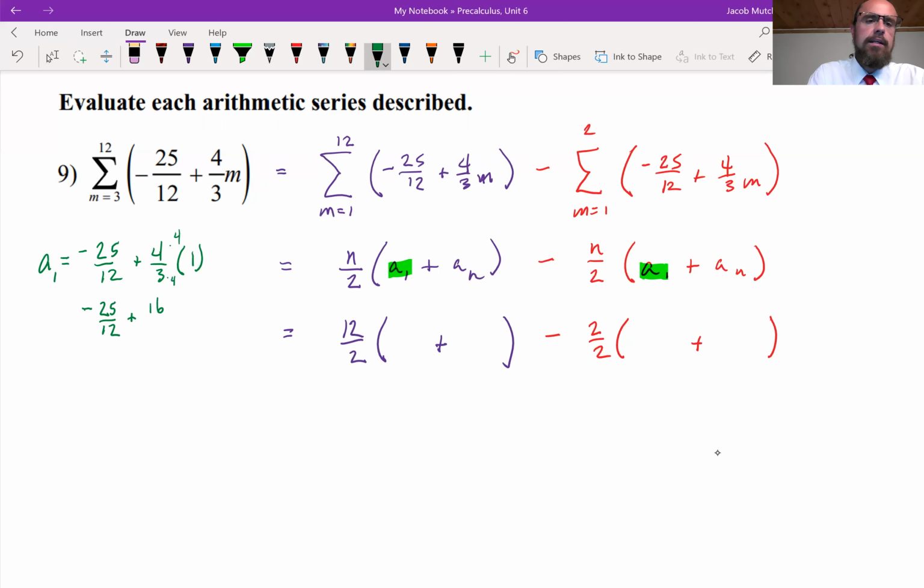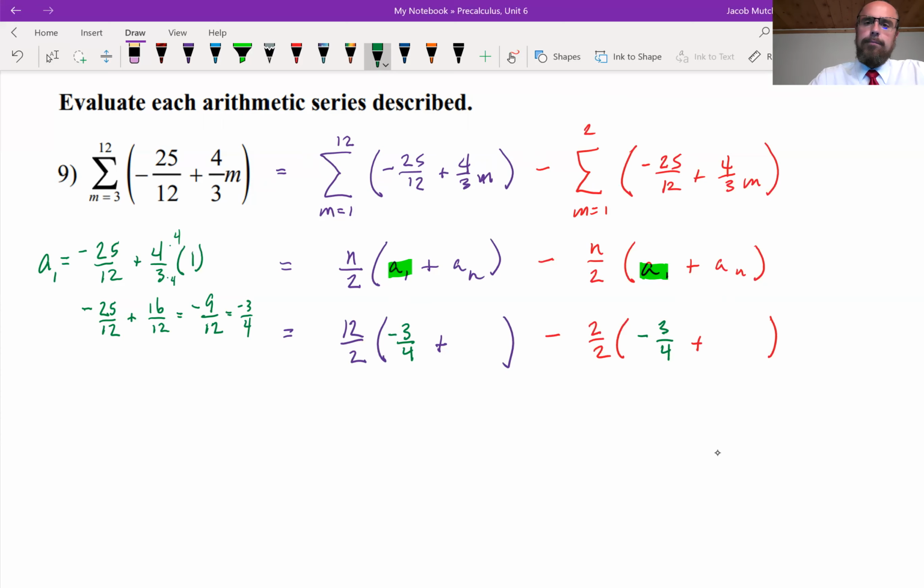So that's 16 over 12. And that gives me this first term of -9 over 12, which I can reduce to -3/4. And that's going to go in two spots. That is the same first term for both of my sigma notations, the full one and then the two terms that I'm adding together and then taking out.